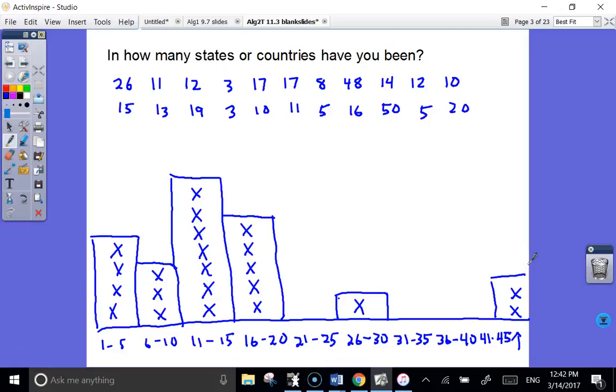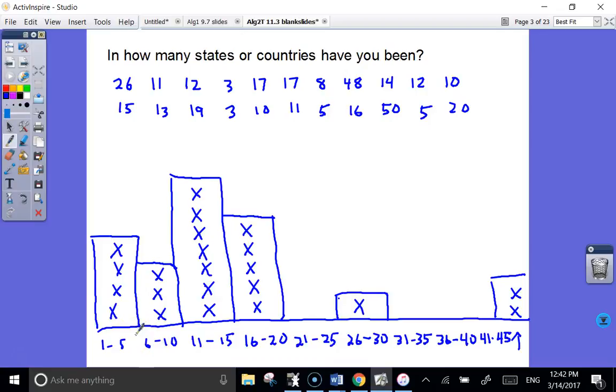A histogram is specifically when what you've got on the x-axis are numbers that could be put in order, as opposed to, for example, counting how many people have each color of eye, like blue and brown.